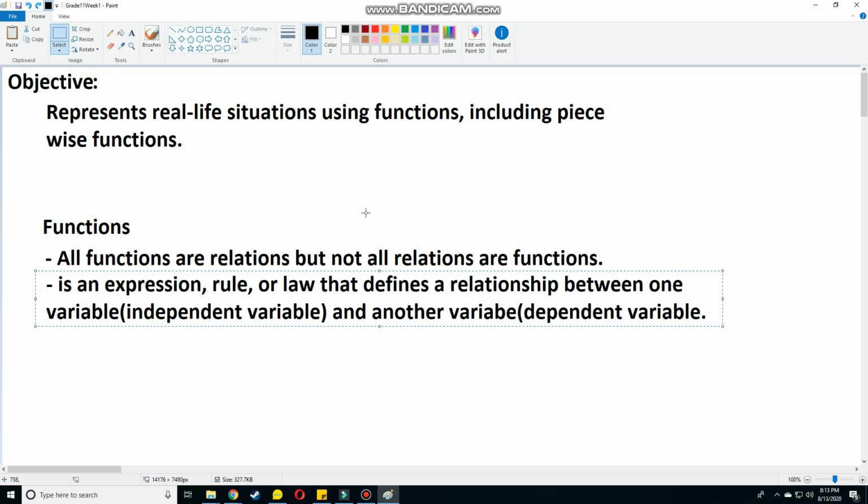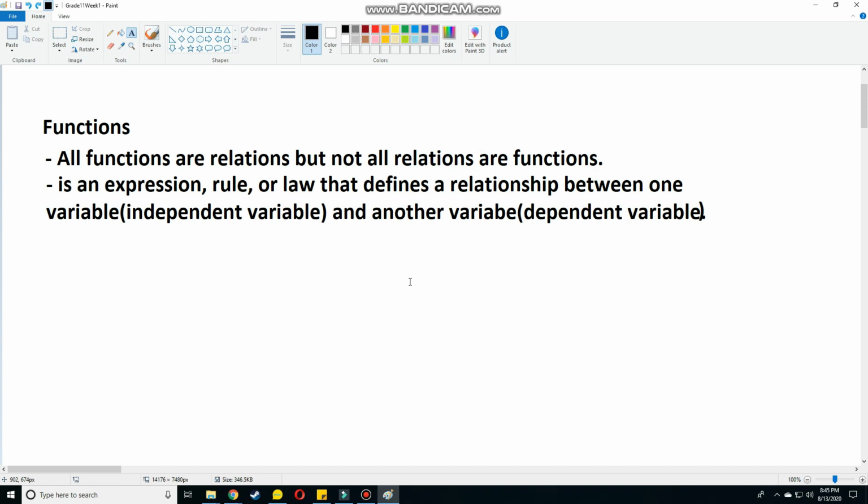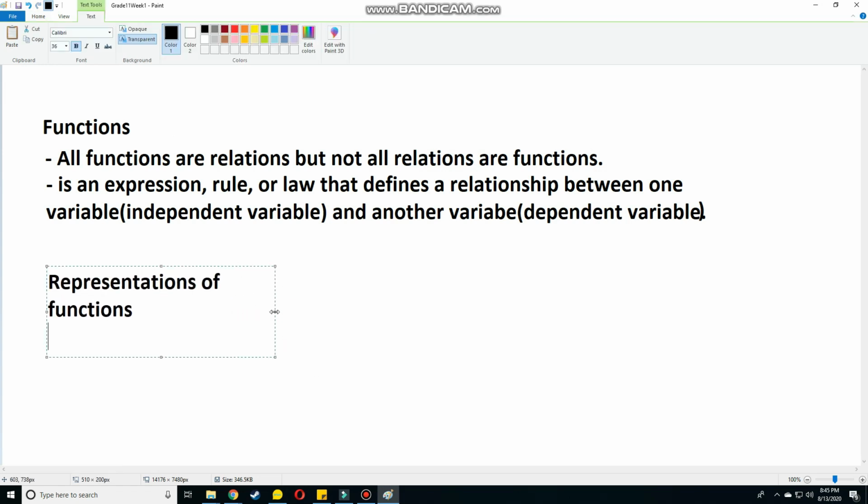So a function is an expression, rule, or law that defines a relationship between one variable, the independent variable, and another variable, which is the dependent variable. And we all know functions could be represented in many ways. So let's have representations of functions.